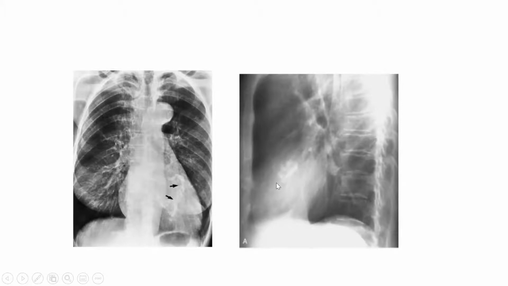So this is aortic valve calcification, and this is mitral annular calcification. Another thing is that the MAC is broader than the aortic calcification, because the mitral annular area is bigger than the aortic annular diameter.